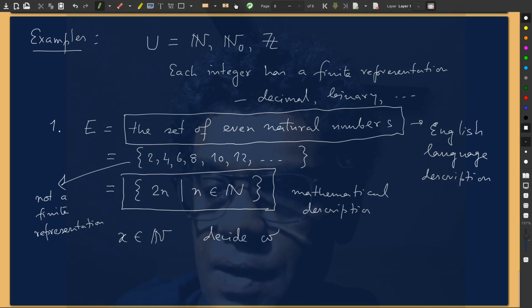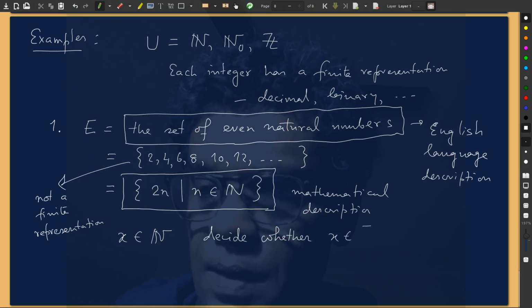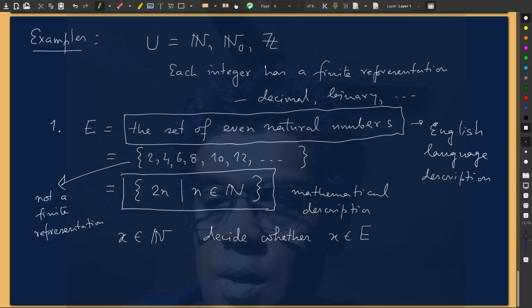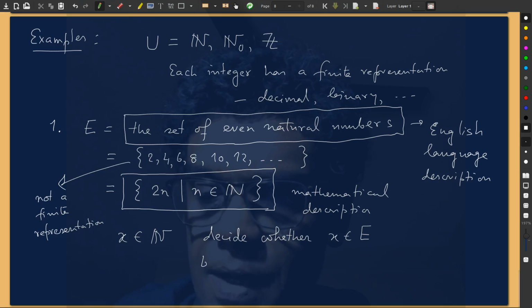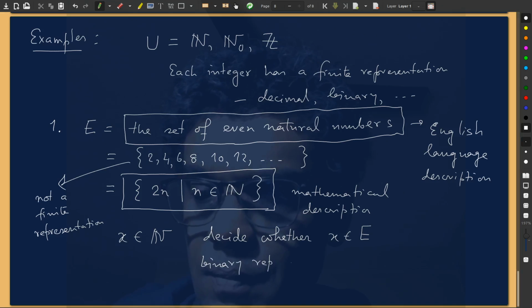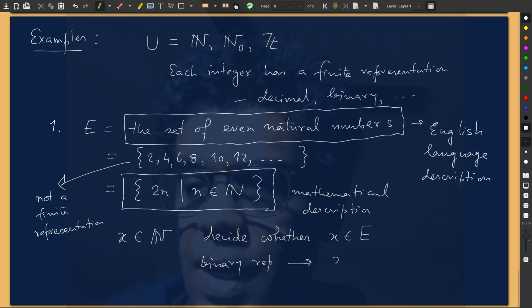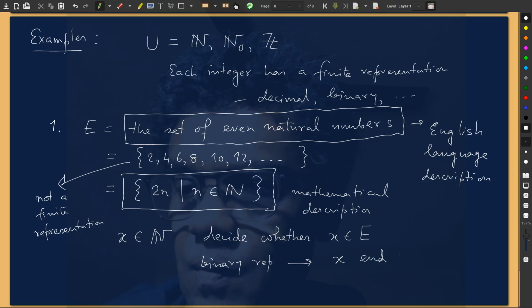Decide whether x is in E. Okay. So how do we do it? Maybe it depends upon which representation you take for integers. If it is a binary representation, then x must end with 0.